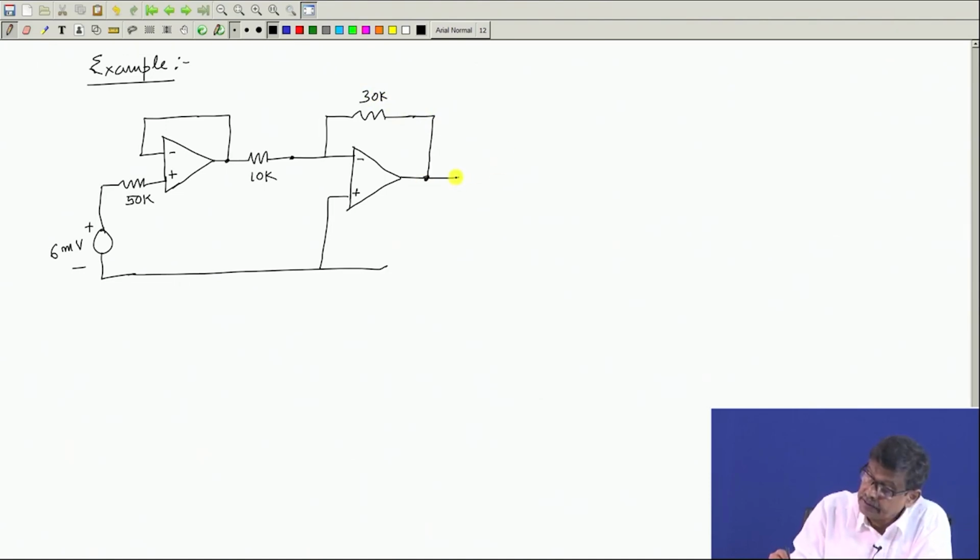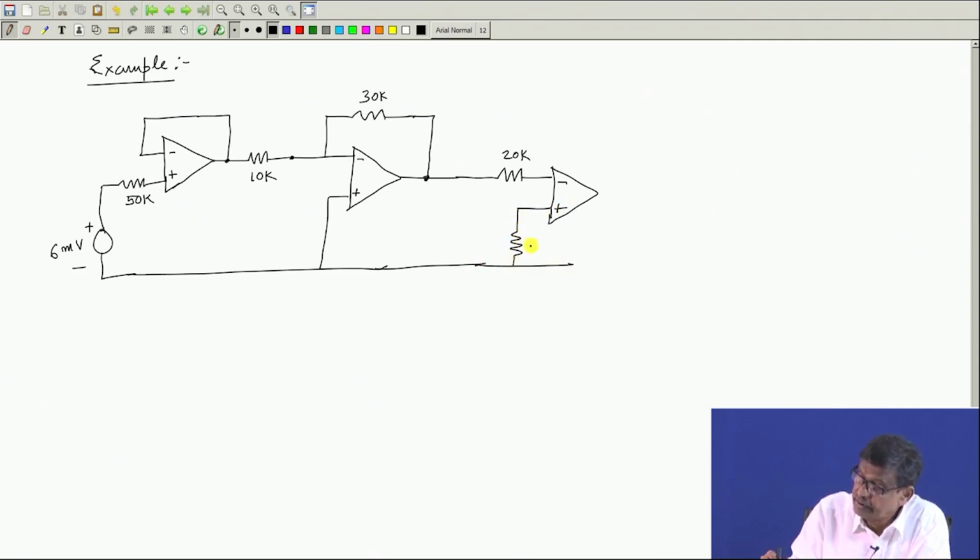And then you have a third op amp, 20 k has been connected, and this op amp looks like this, minus plus, and this is a 40 k resistance, and this output voltage is here for this whole thing.